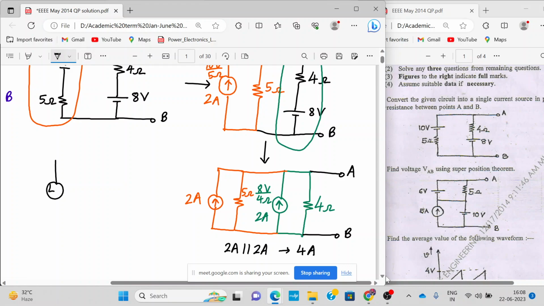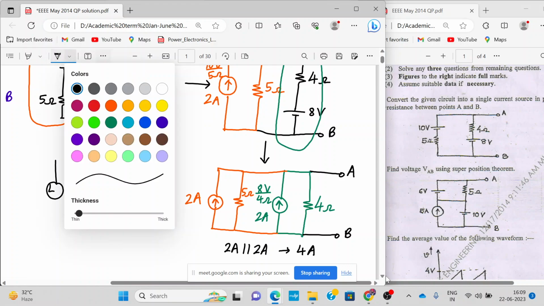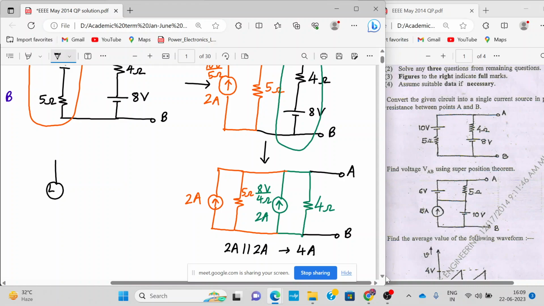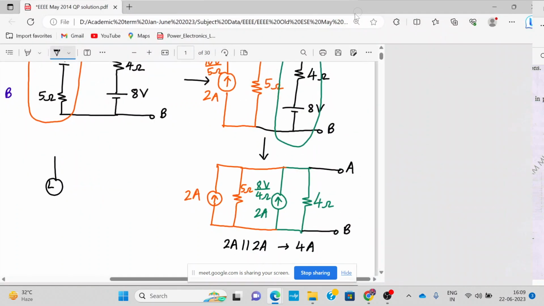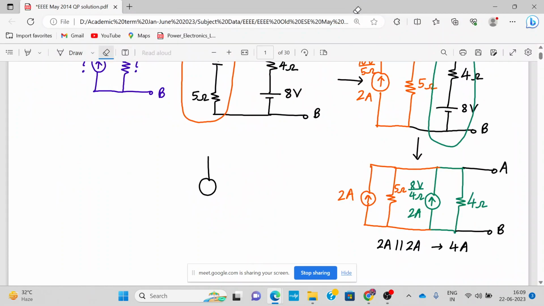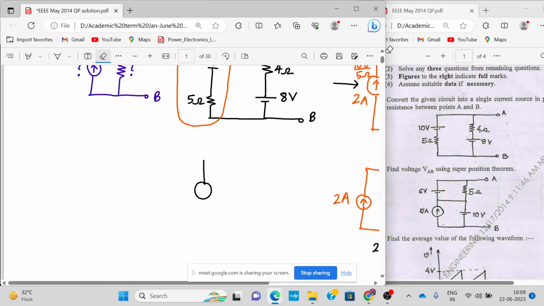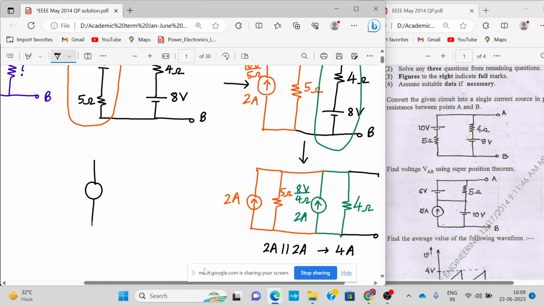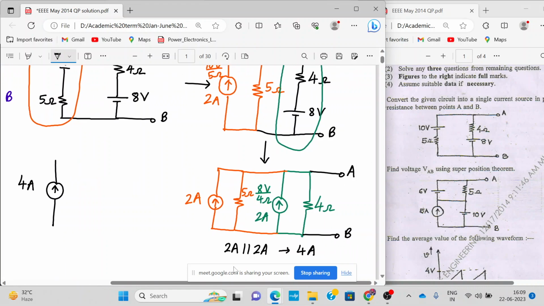Let me rub it out. Yeah, y'all can also draw it at your end. This will be the current source, 4 ampere. And what about the resistance? Are resistance 5 ohm and 4 ohm in parallel?